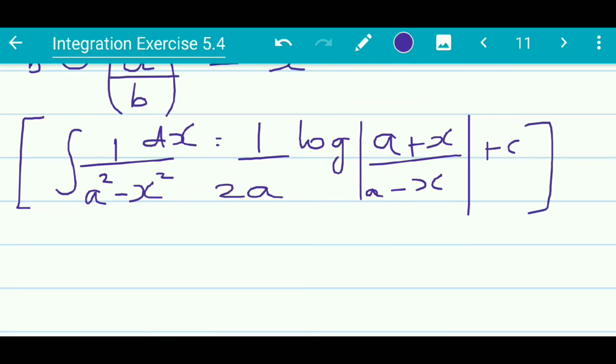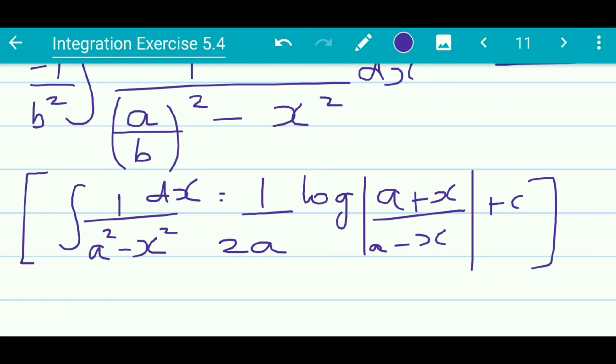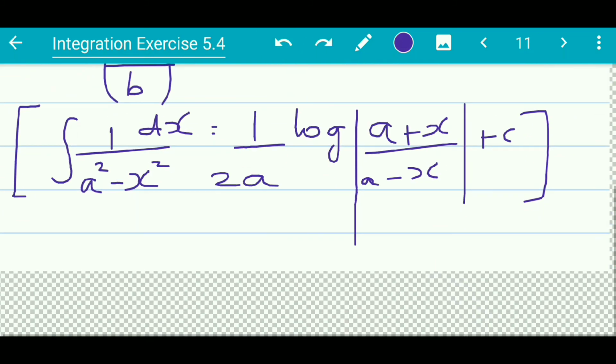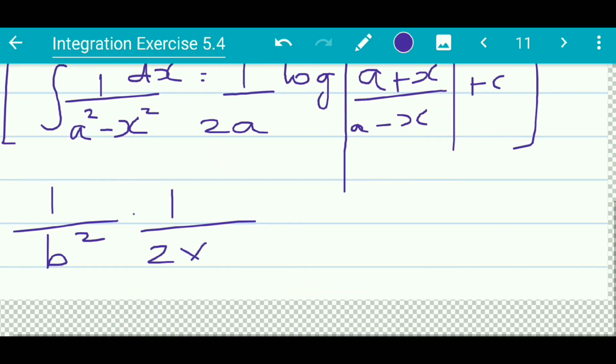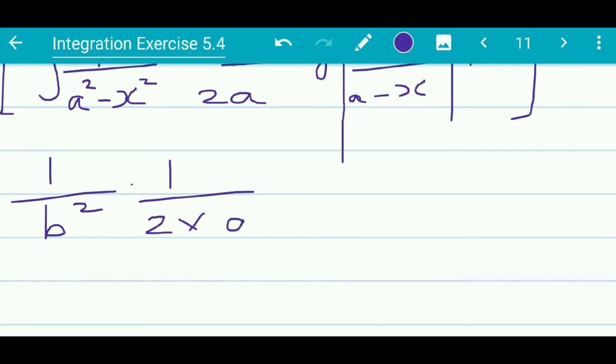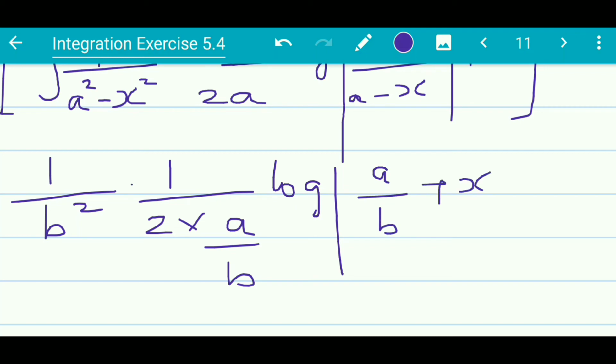Okay, so here the a term is a upon b, isn't it? The first term is a upon b and the next term is x. So we get the result this way now, that is 1 upon b square as it is into 1 upon 2a. So 2 into a upon b. Instead of a we write a upon b, log mod of a plus x. Now a term is a upon b, so a upon b plus x upon a upon b minus x plus c.